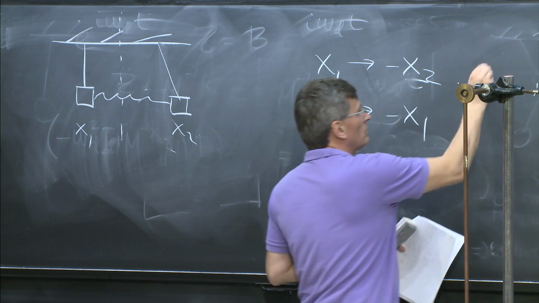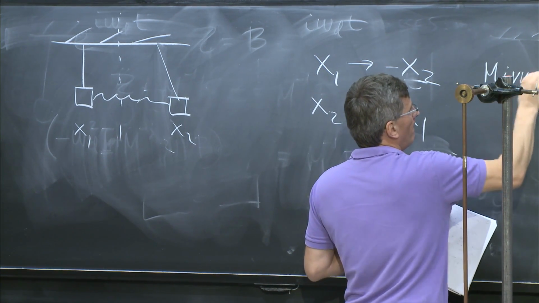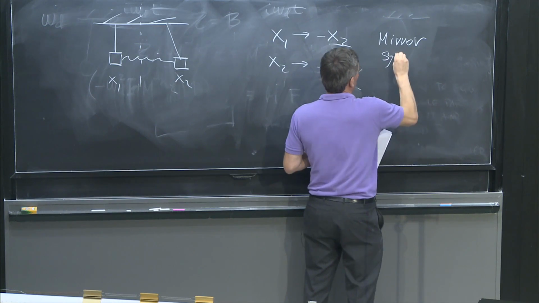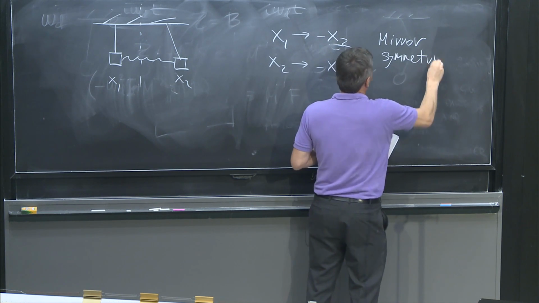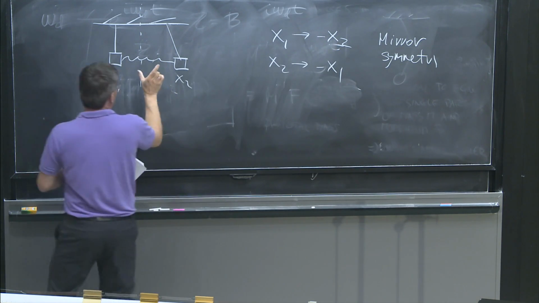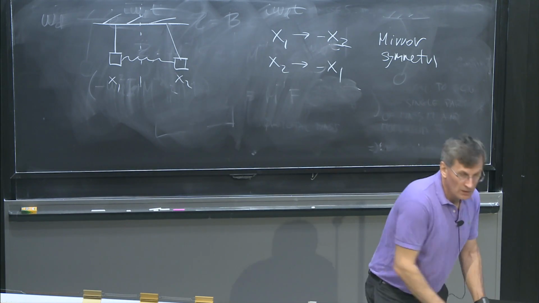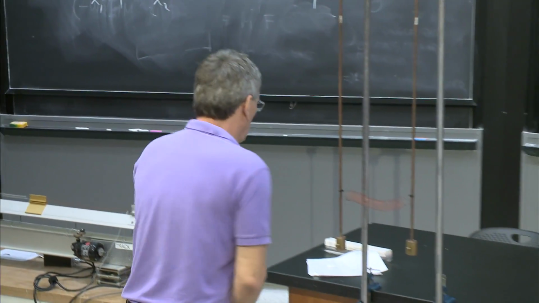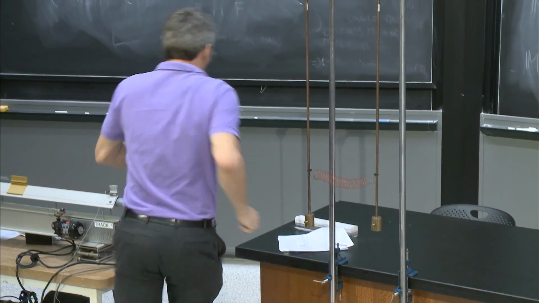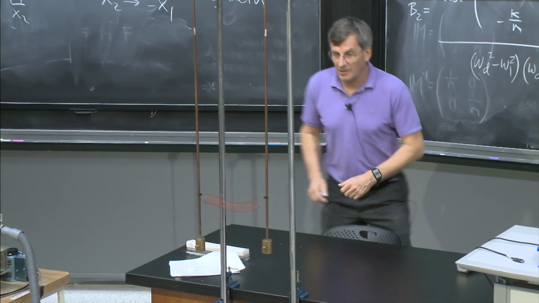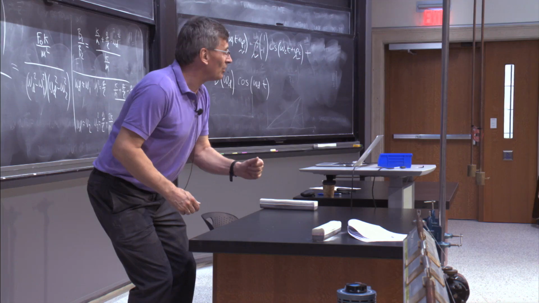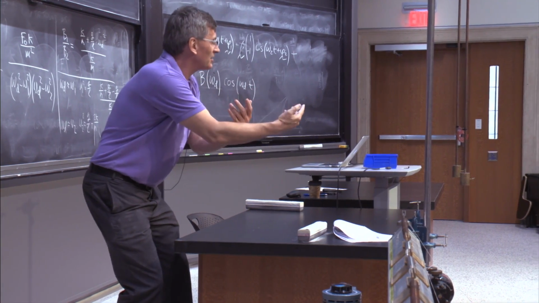This is mirror symmetry. I basically flip this thing around. In other words, I look at the system from here, and then I go to the other side and look at it. I did a mirror transform. I looked at it from this side, then that side.